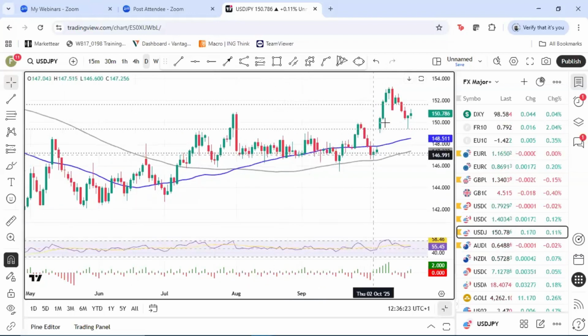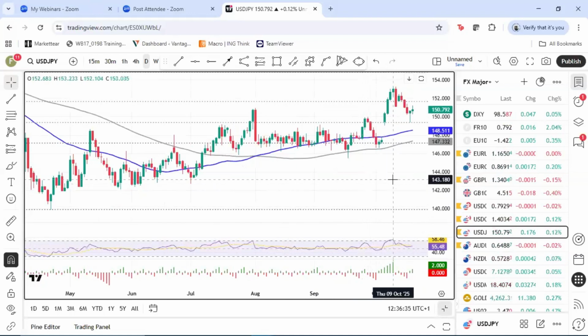For dollar yen, you can see the move higher after Takaichi won the LDP vote, and we're moving higher again on her coalition prospects improving dramatically over the weekend, as I said, with Ishin. So just watch that. The yen weakened substantially on her victory, which means dollar yen went higher.